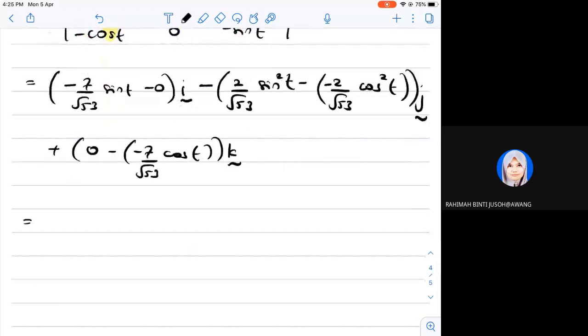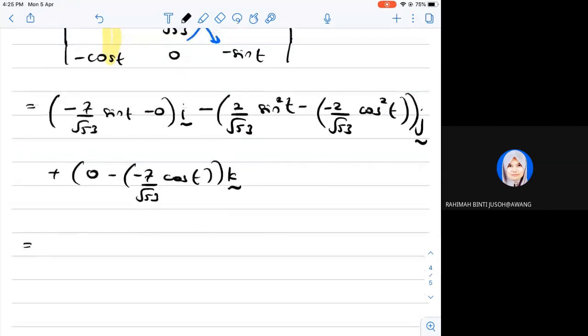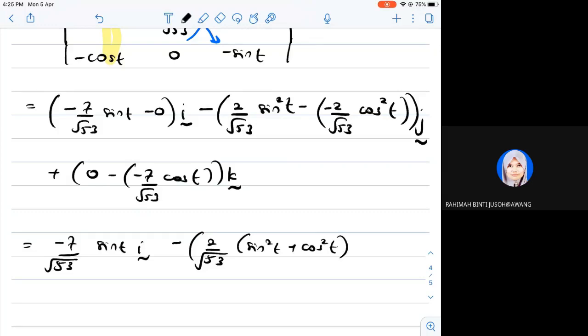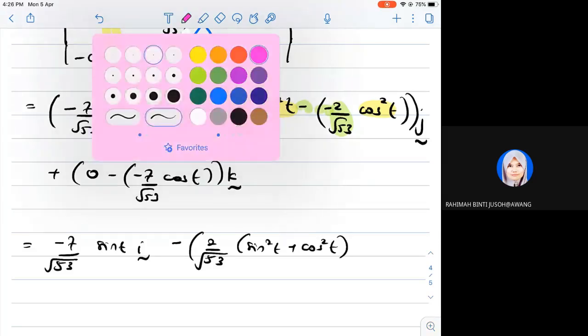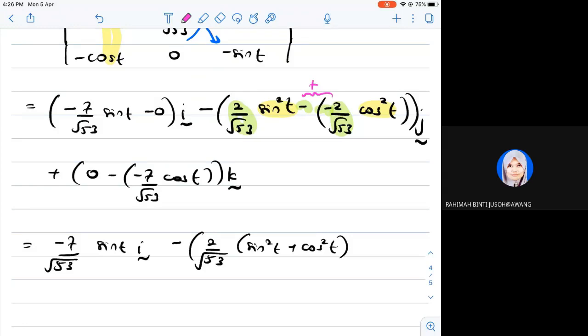Okay, alright. So now, okay guys, did you notice this is the same? Okay, wait. Before that, negative 7 over square root 53 sin t, minus this becomes 2 over square root 53 sin squared t plus cos squared t, isn't it? This one and this one are the same, the coefficient is the same, and then negative becomes positive. So when it becomes positive it becomes like this, what I did here.